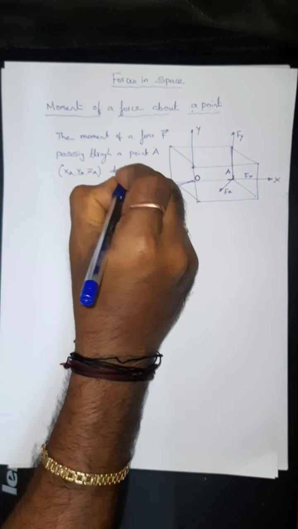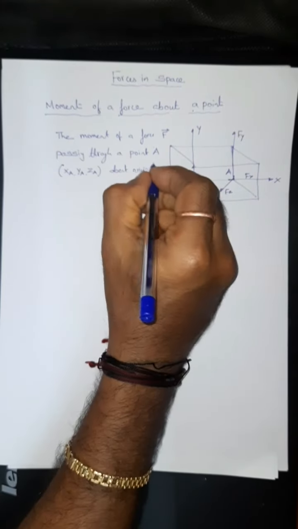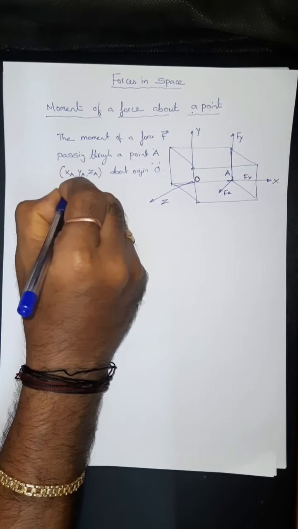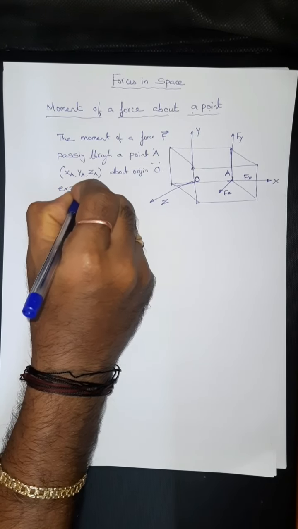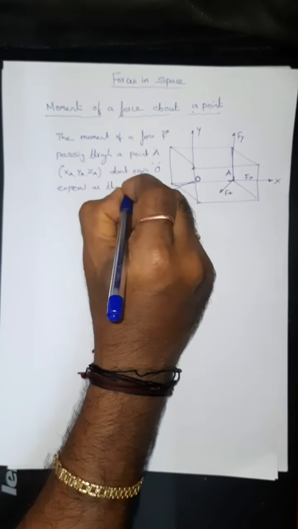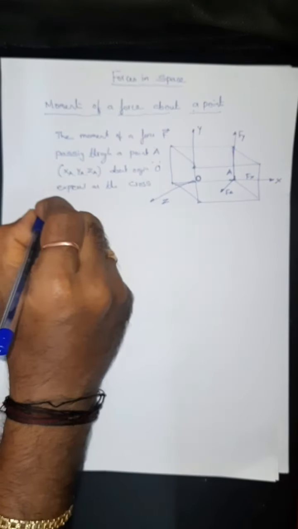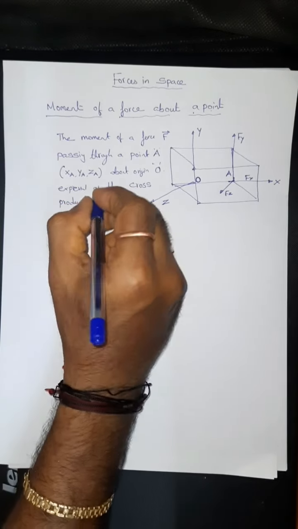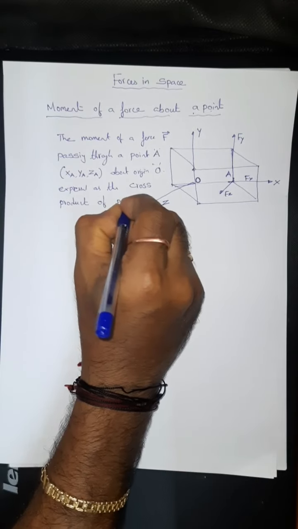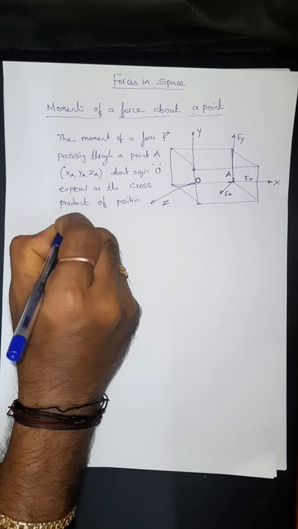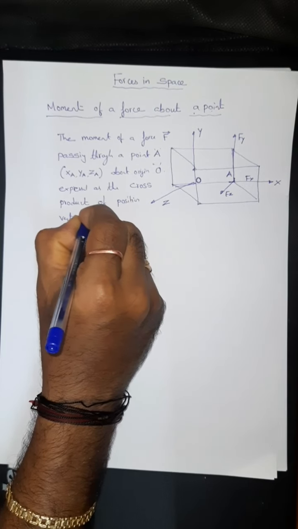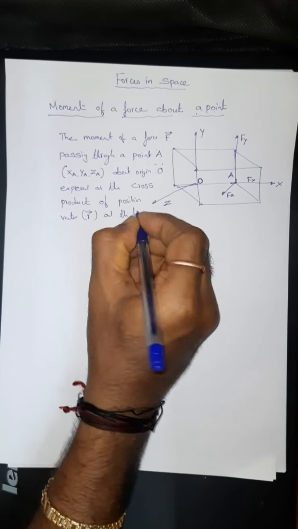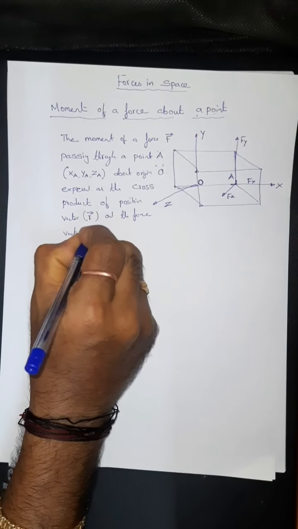About the origin, which is O in this diagram, it is expressed as the cross product, which is nothing but the vector product, of the position vector, which can be represented by R, and the force vector F.